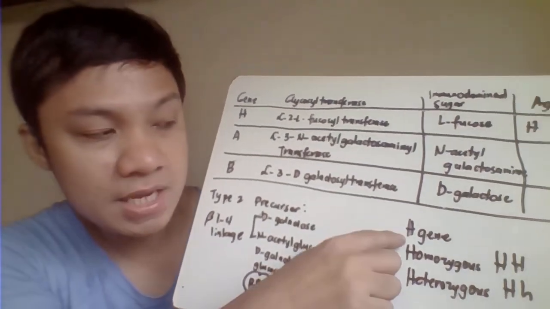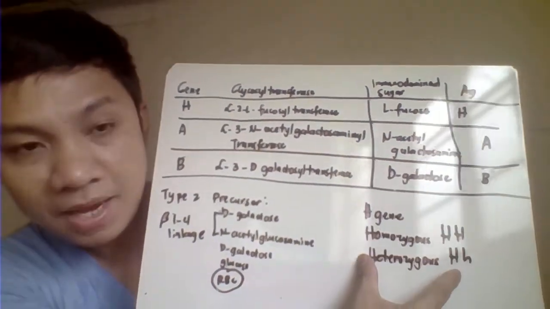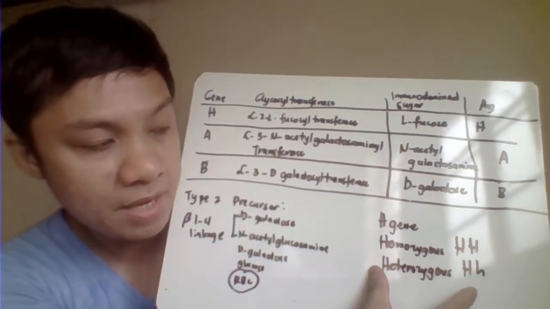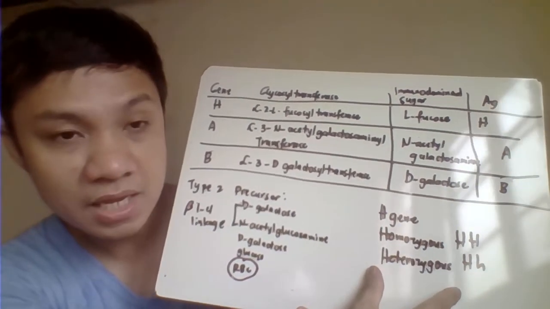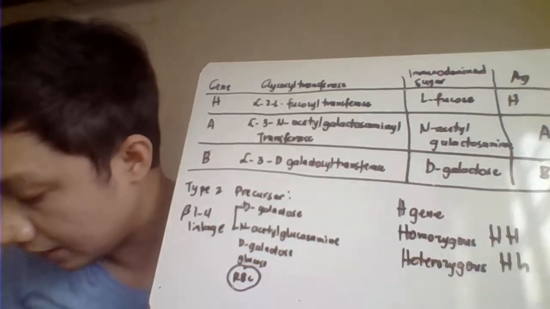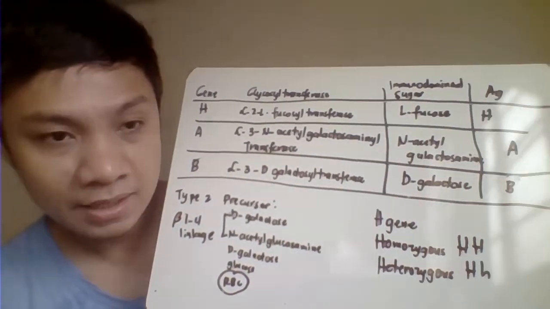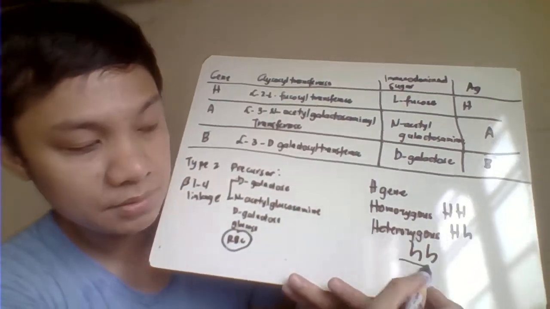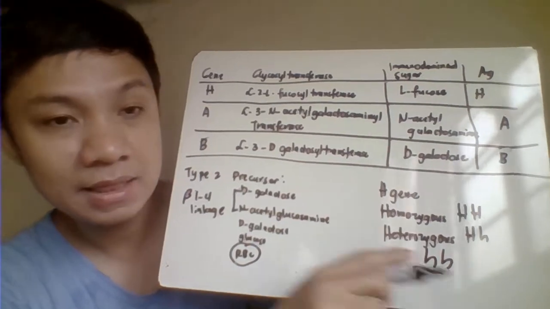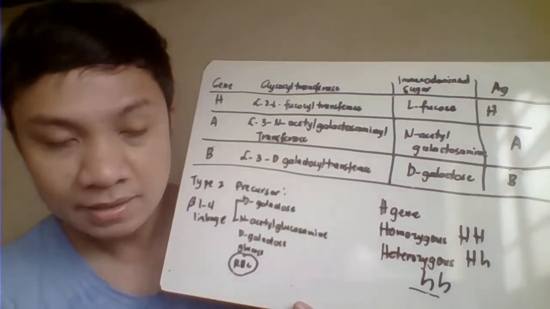Okay, your H gene, to be able to produce H antigen, the H gene we inherit must be homozygous for the H, two capital, or heterozygous for the H, one capital, one small. Again, to be able to produce H antigen. If this is what you inherit, homozygous, two small, you cannot produce H antigen.